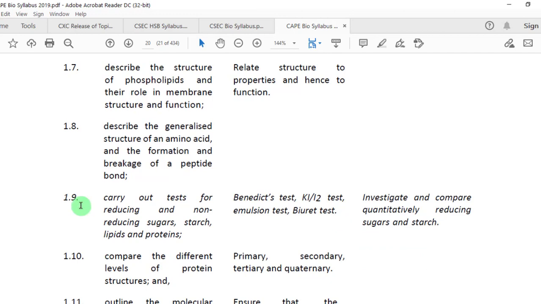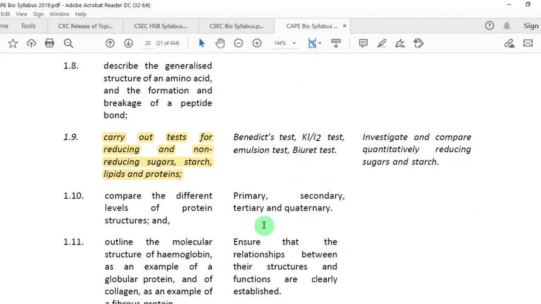Okay, of course, definitely your food tests are going to be really important. All right. See this test, make sure to understand that procedure in and out.